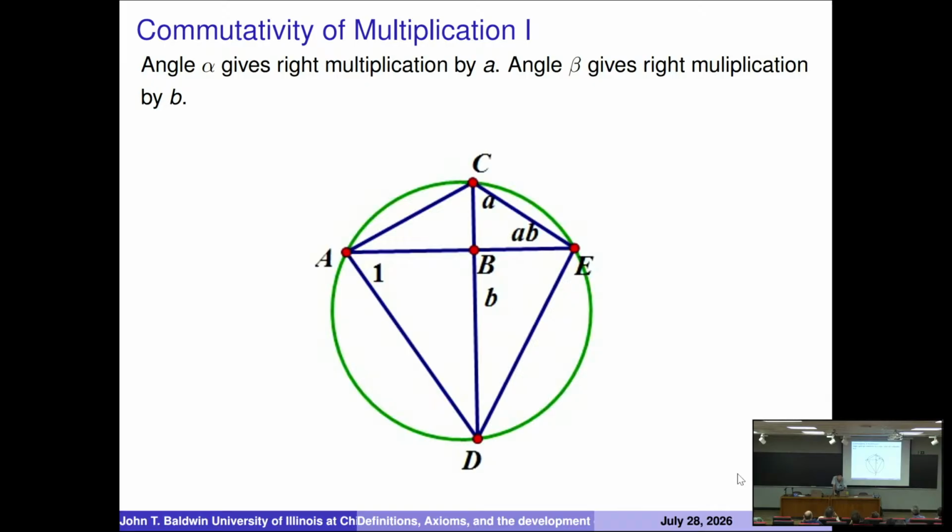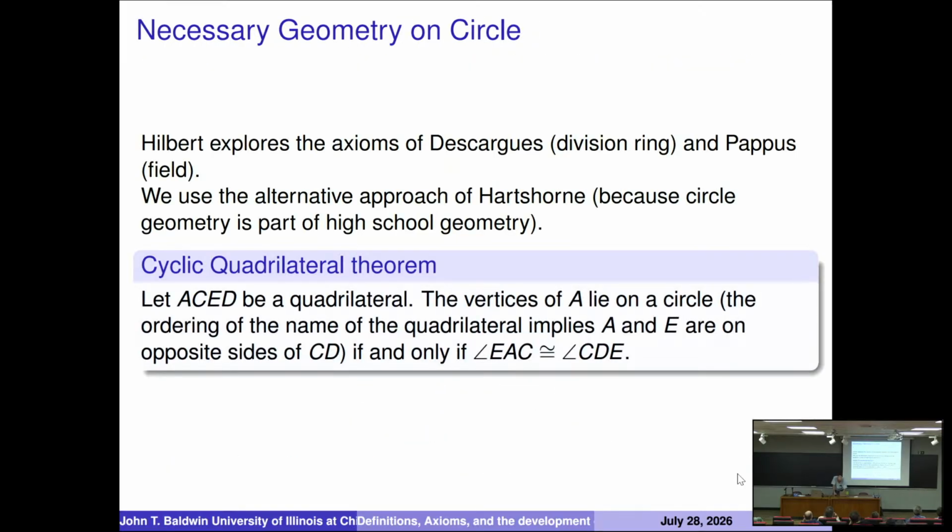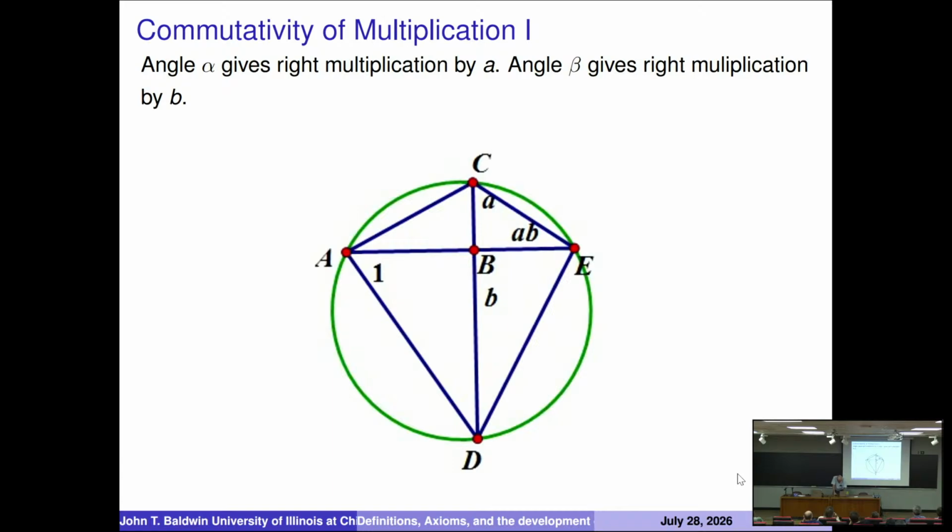If this angle equals this one, that implies that they lie on a circle, and conversely, if it's on a circle and you draw that quadrilateral, you get those angles equal.